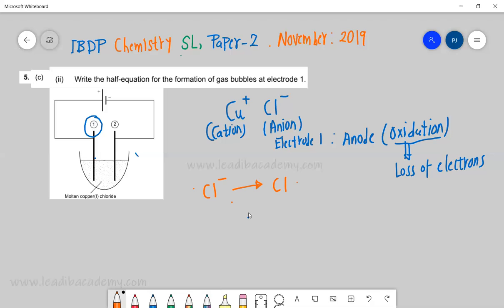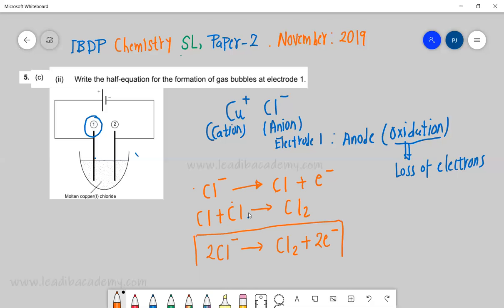So 1 atom of chlorine and we get 1 electron. Now we will take 2 Cl atoms to get Cl2. Just to balance this, instead of writing it like this, it is better to write 2Cl- going to give us Cl2 plus 2 electrons.